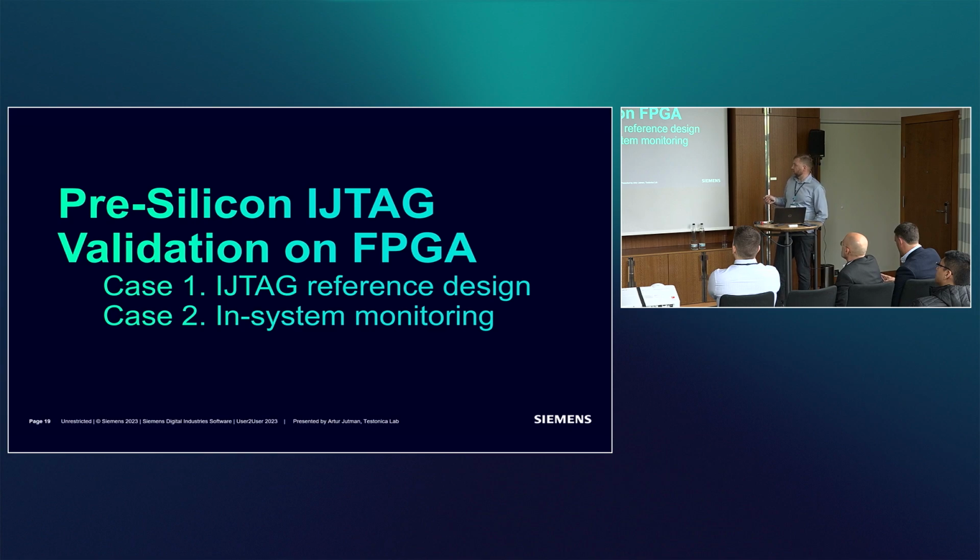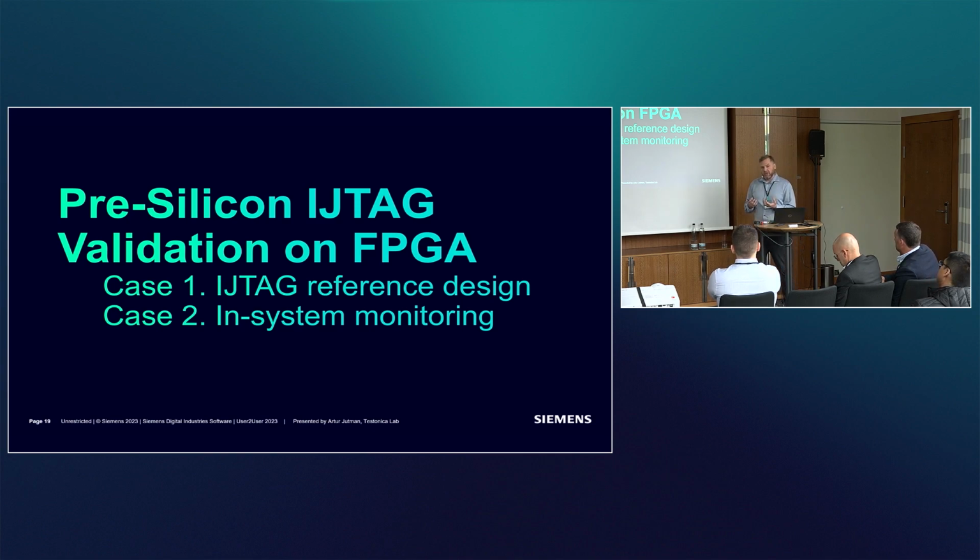In the first case study, the target was to implement a reference design of reconfigurable scan networks, which is fully compliant to the 1687 standard and to all industrial practices, and it's fully validated so that this FPGA implementation can be used not as a model, but as a reference device to validate EDA tools against the actual device. I'm not talking about silicon because it's an FPGA. All right.